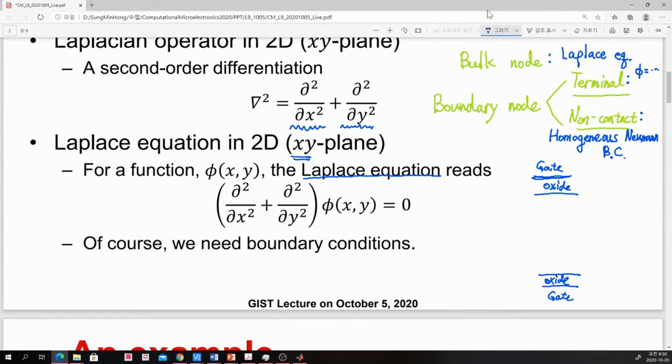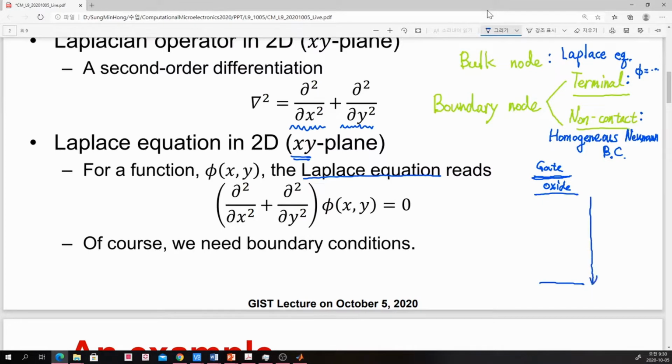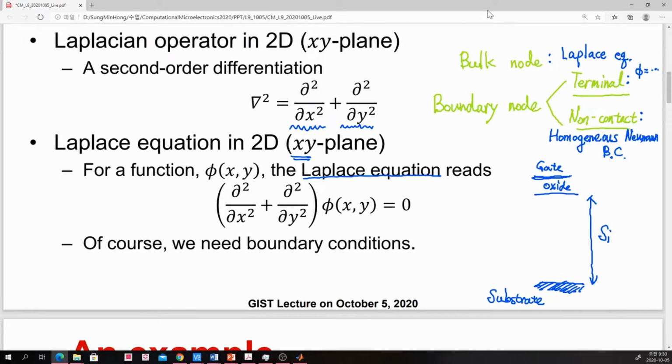But think about a more conventional one. Here we have a very thick silicon. The silicon is directly terminated with a contact called the substrate contact. This is quite common in the MOSFET.